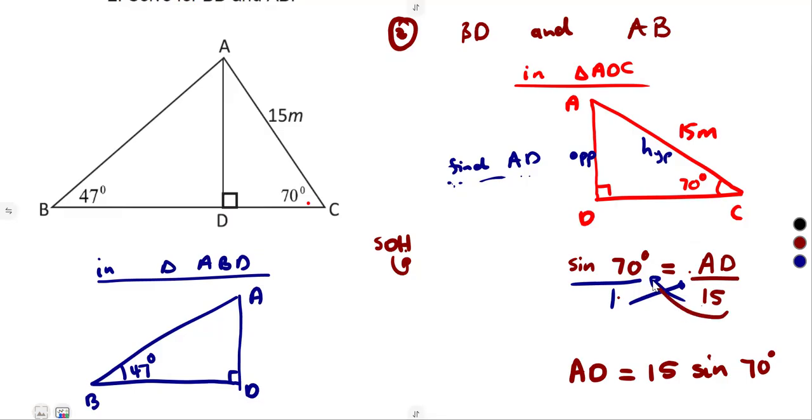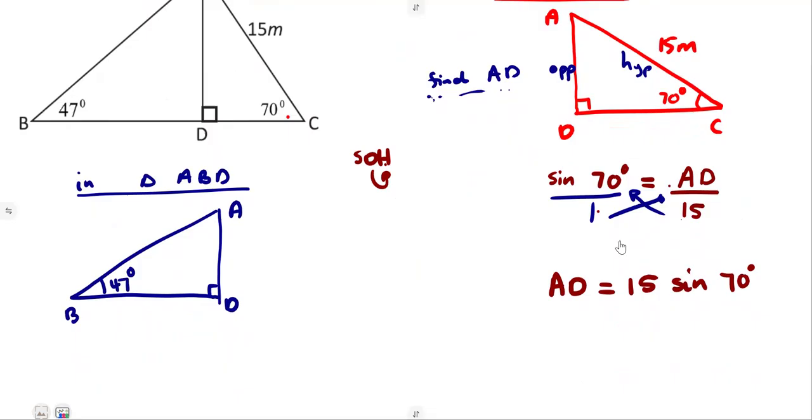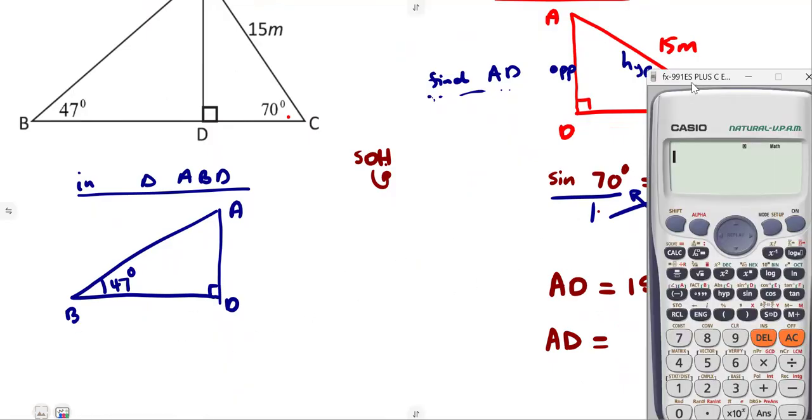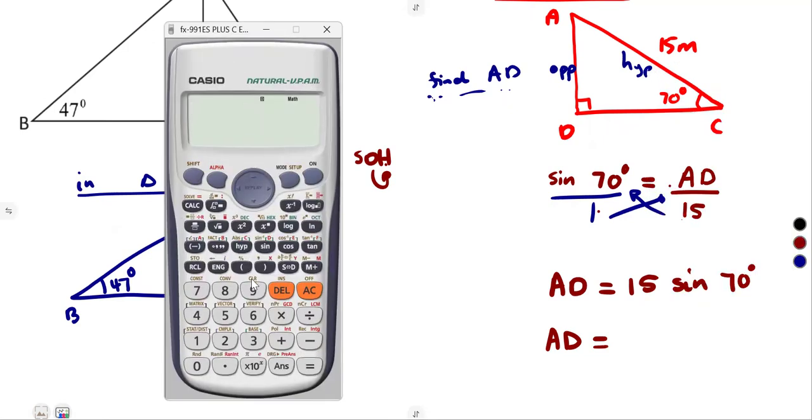Never make a mistake, guys, to multiply this. But guys, this is grade 12, you cannot make that mistake. Anyways, that's going to give us the value of AD. And that's the part where we explain the issue of our calculator: the calculator is going to give you the exact value.